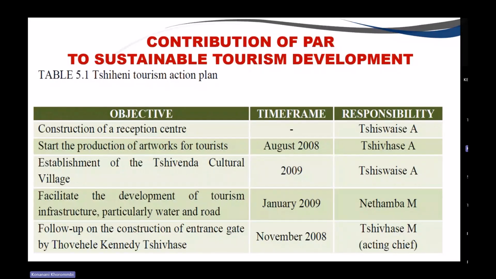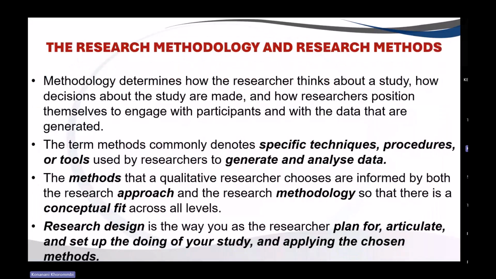Let me pause now a little bit before I go to the research methodology and research methods, or I can run to the framework and demonstrate to you how the framework can streamline aspects. Here, I've shown you that the research objectives were in line with the research methodology, or the research methodology gave effect to the research objectives.